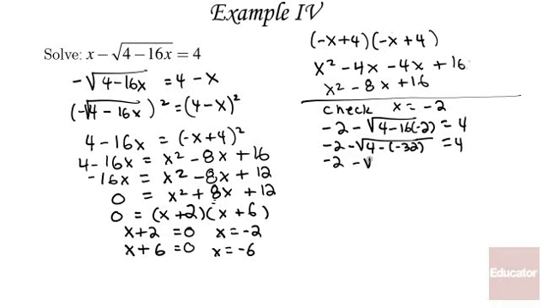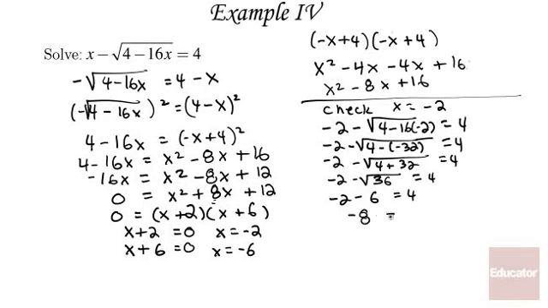A negative times a negative gives me a positive, which is good because then this works out to 4 plus 32, which is a nice perfect square. I go ahead and take that square root, which is 6. So negative 2 minus 6 is negative 8. Negative 8 does not equal 4. So when I substituted a negative 2 here, this solution did not check out. This is not valid.